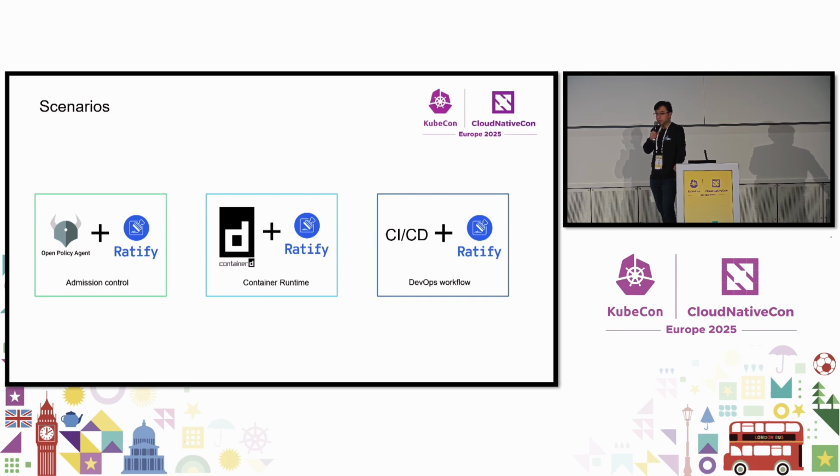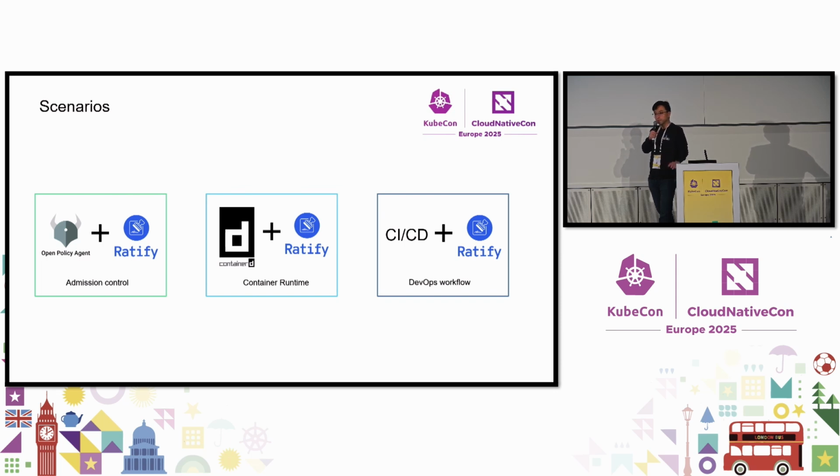The second scenario is Ratify integrated with containerd at runtime. This happens when you want to verify container images at the node level.